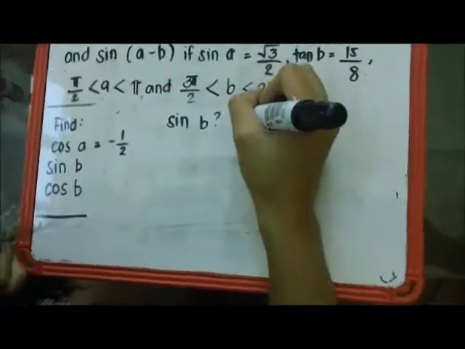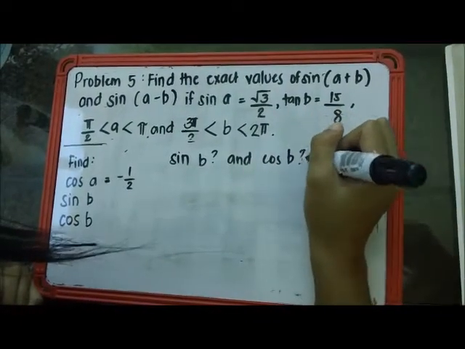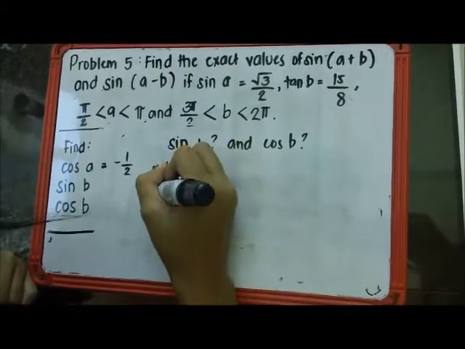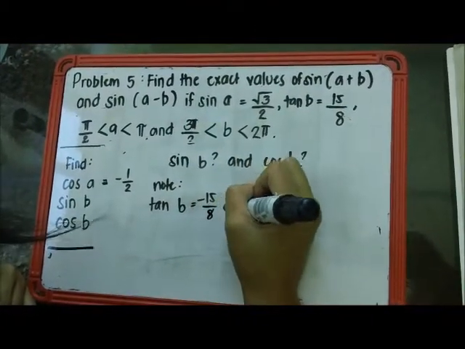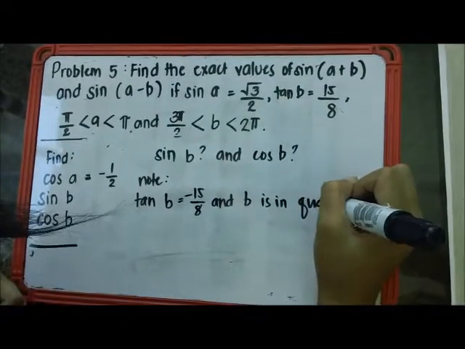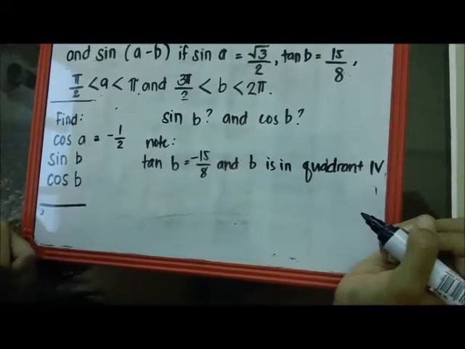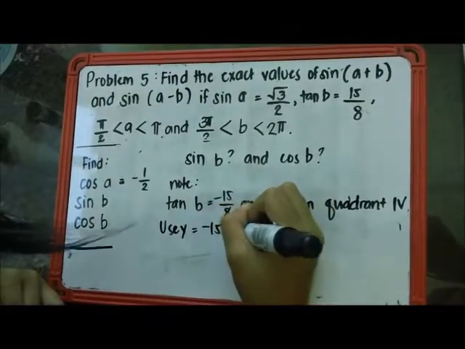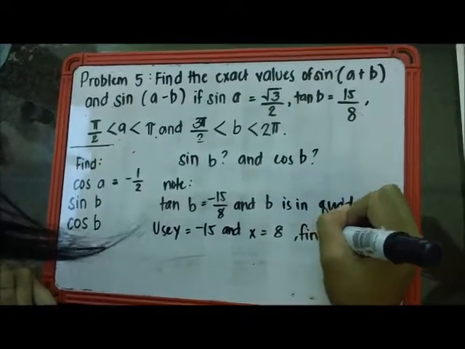Cosine A is equal to negative 1 half. We now have to look for sine B and cosine B. Note that tangent B is equal to negative 15 over 8 and B is in the fourth quadrant. So y is equal to negative 15 and x is equal to 8.